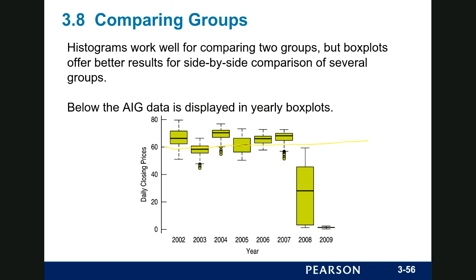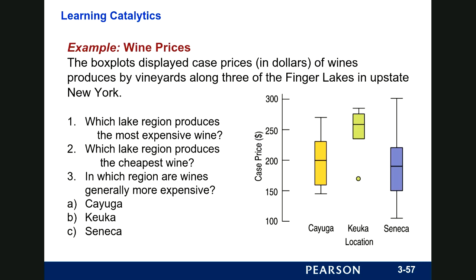Okay, let's look at this next slide together. So here's an example of wine prices. The box plots display case prices in dollars of wines produced by vineyards along three of the Finger Lakes in upstate New York.